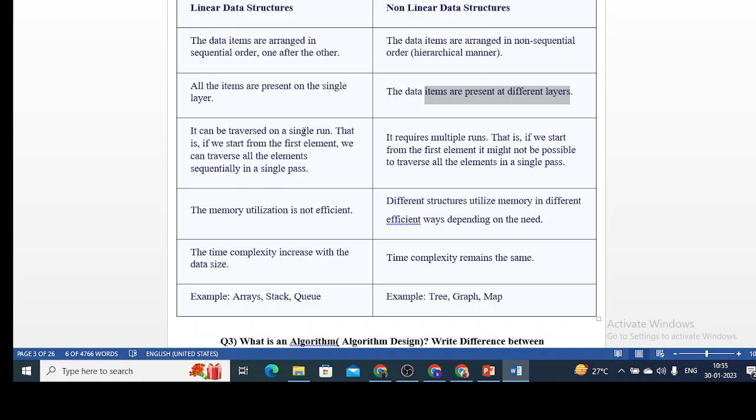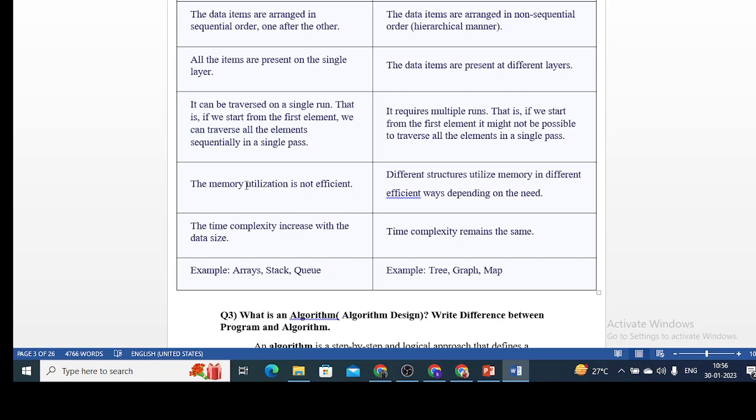Linear can be traversed in a single run, which means we can read the entire data in a single pass, but for non-linear it requires multiple runs. That is, if we start from the first element, it might not be possible to traverse all the elements in a single pass. Here the memory utilization is not efficient. Here this structure follows the utilization of memory in an efficient way.